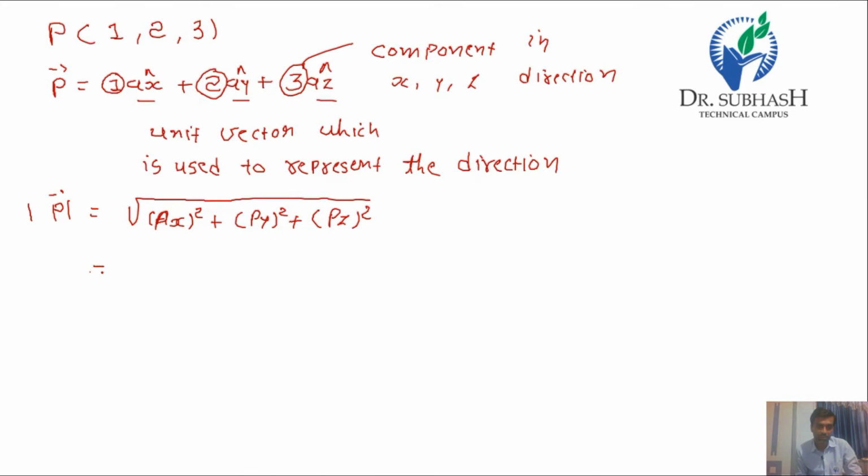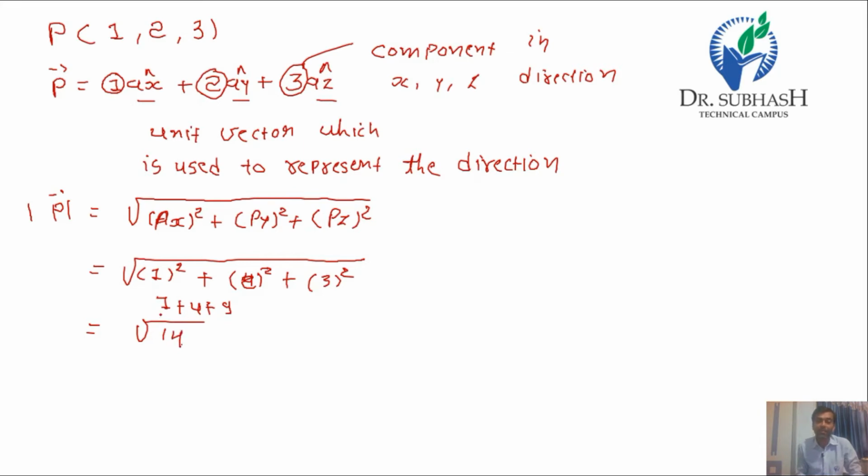Here the Px component is 1 squared plus 2 squared plus 3 squared. So we get 1 plus 4 plus 9, which is 14, so the answer is the square root of 14.